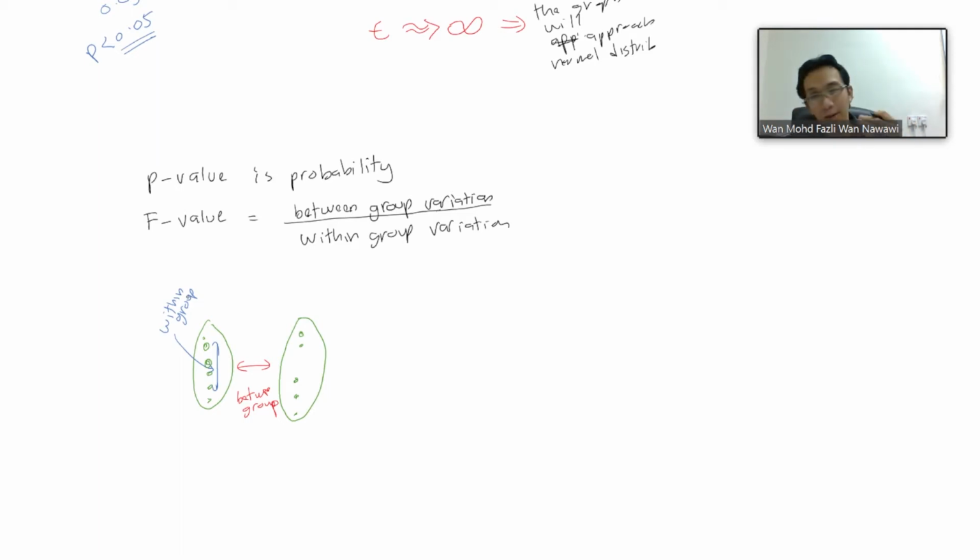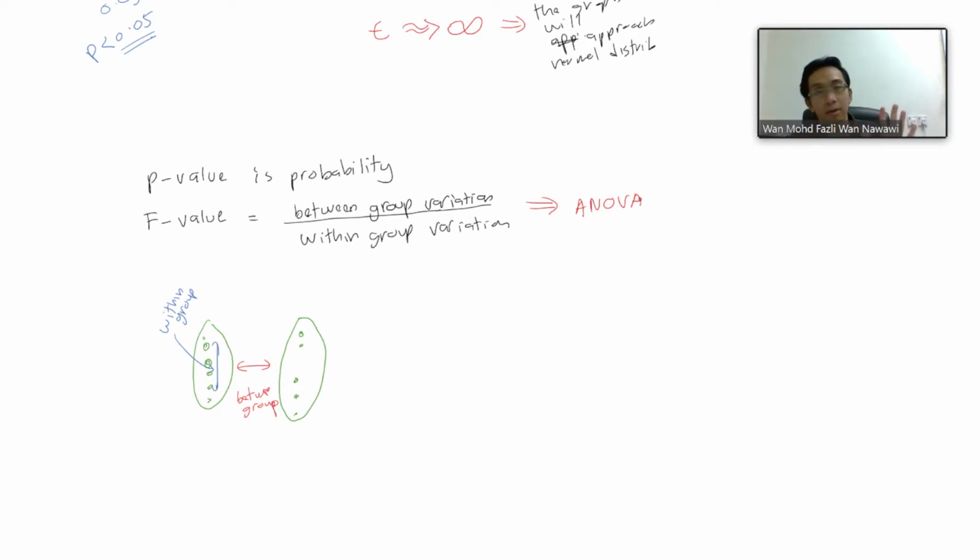We will not go into detail, but enough for you to understand. In order to calculate the F value, you need to have between group and within group variation. You get the F value when you perform ANOVA. So when you want to perform ANOVA, you must have between group and within group variation. That's why later in our practice this evening, we will show you why for the factorial design you need to select something in order to get ANOVA.